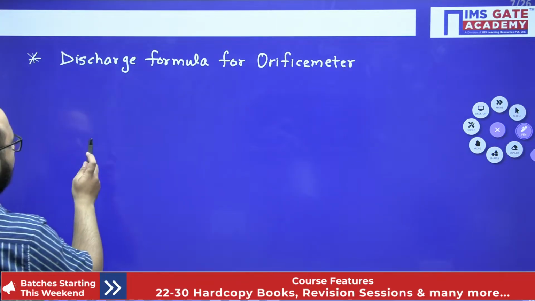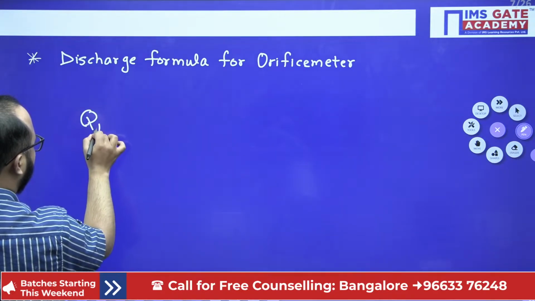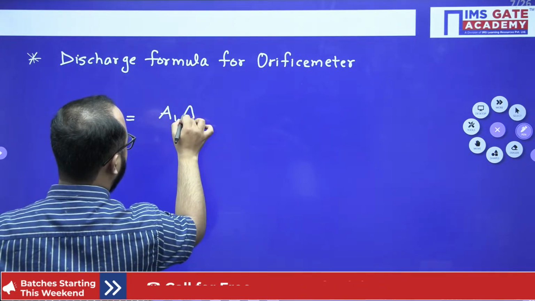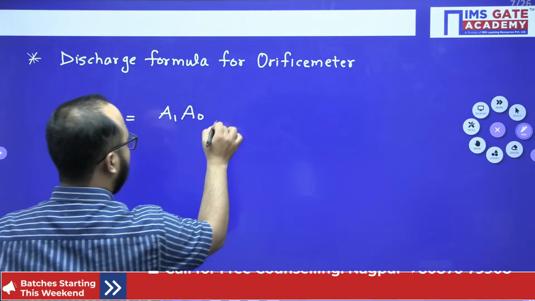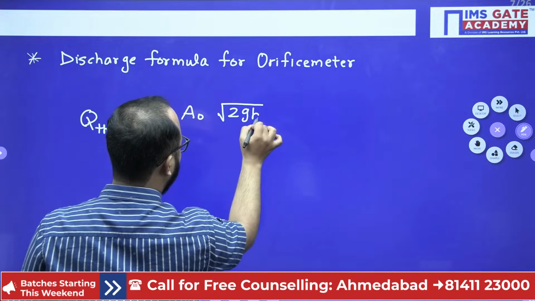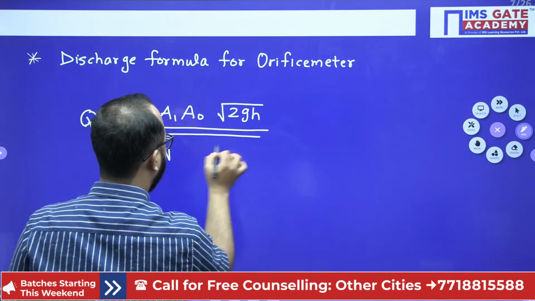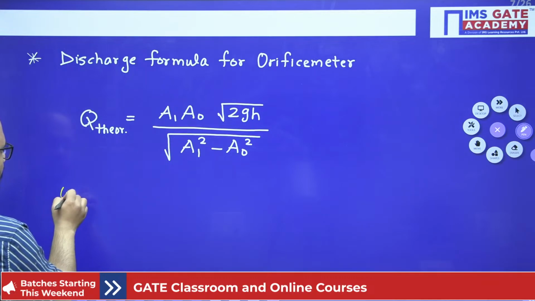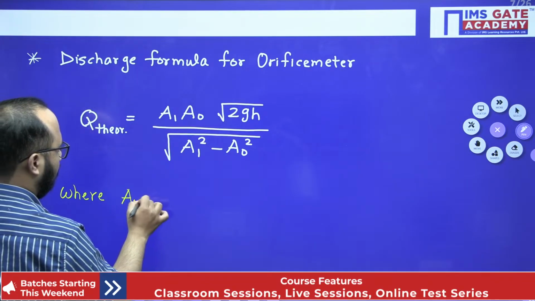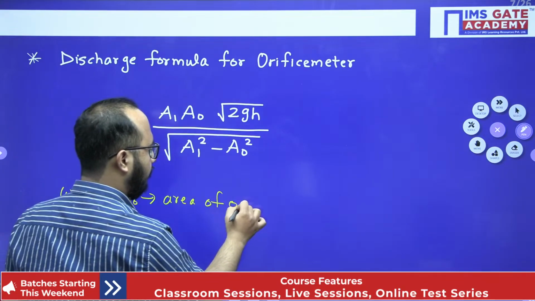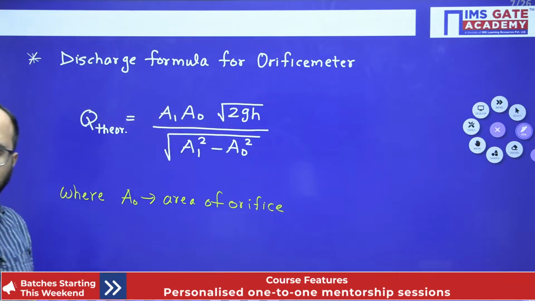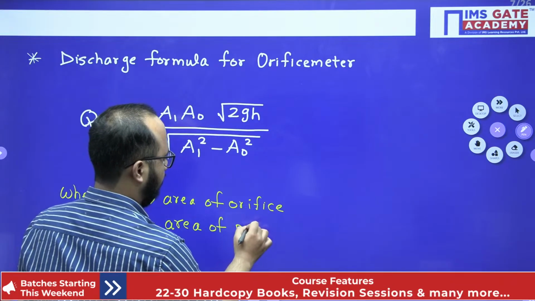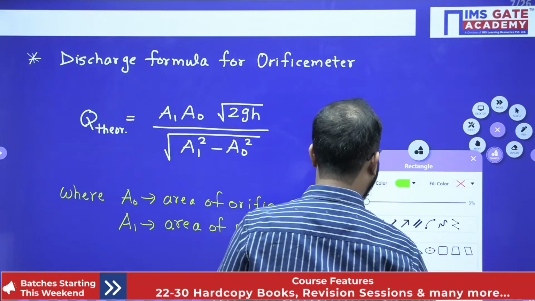First we write the theoretical discharge formula: Q theoretical equals A1 A0 root 2 GH divided by root of A1 square minus A0 square, where H is the pressure head difference, A0 is the area of orifice, and A1 is the area of pipe. This formula you should also remember.